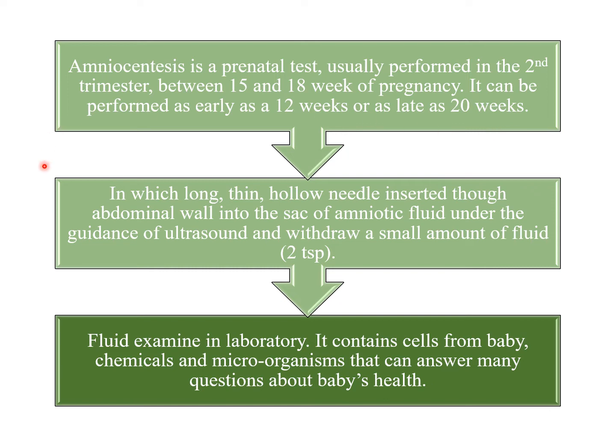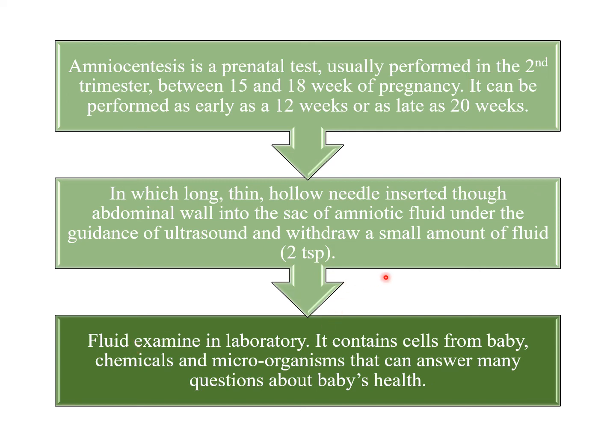Then how is this test performed? In this test, a long thin hollow needle is inserted through the abdominal wall of the mother into the sac of the amniotic fluid, and this complete test is under the guidance of ultrasound. Once the needle is inserted, a small amount of amniotic fluid is withdrawn from the amniotic sac, nearly about 2 tablespoons.